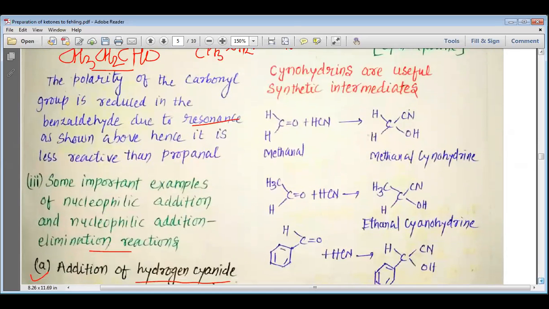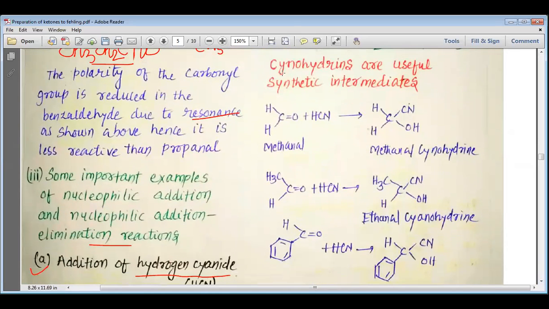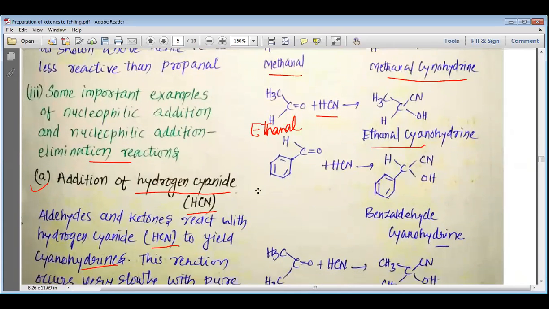So this is how we get cyanohydrin. Let us study the same with some examples. Cyanohydrins are useful synthetic intermediates. So if we have methanal and HCN, we get methanal cyanohydrin. If we have ethanal, this is what it is, your ethanal. So if you have ethanal and HCN, you get ethanal cyanohydrin. If you have benzaldehyde that reacts with HCN, it gives us the benzaldehyde cyanohydrin.